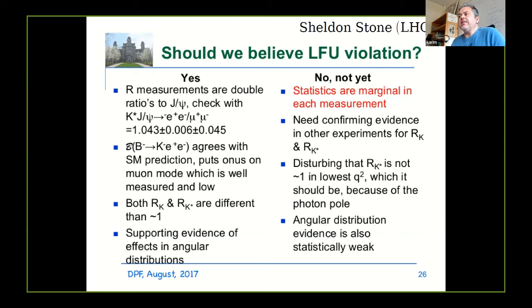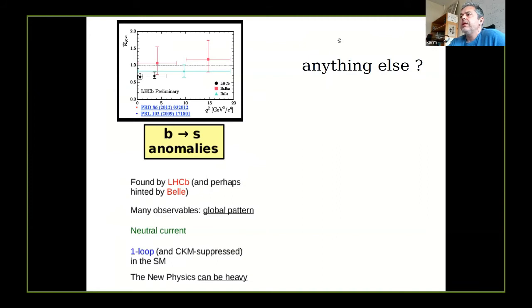And as I said, Belle II is coming right in time. It will offer a different environment and an interesting sensitivity. So this is the situation for the B to S anomalies.